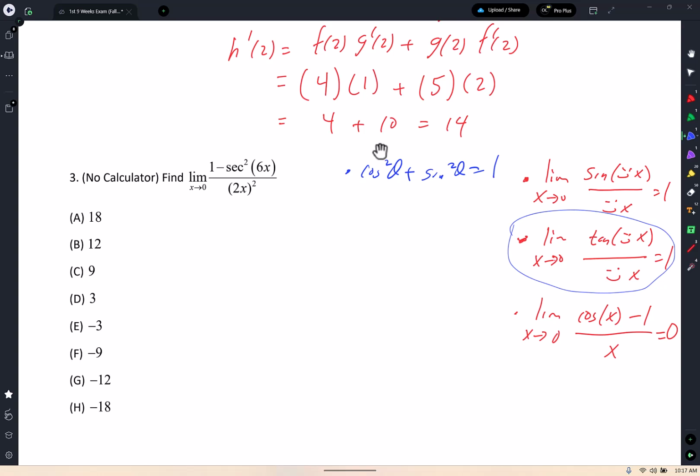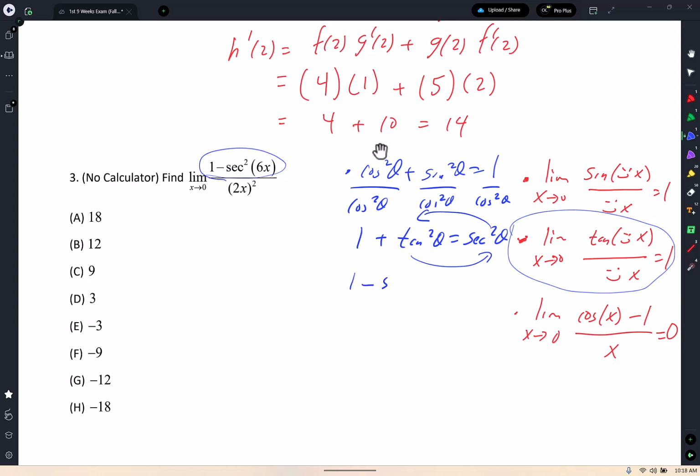So remember, the only way to get a secant squared out of this formula is if I divide everything by cosine squared, right? 1 divided by cosine squared is secant squared, and I'm going to get a tan squared. Look, cosine squared, cosine squared, cosine squared. 1 plus tan squared theta equals secant squared theta. And if I make it look like the numerator here, move that secant squared to the left, move that tan squared to the right. 1 minus secant squared theta equals a negative tan squared theta.